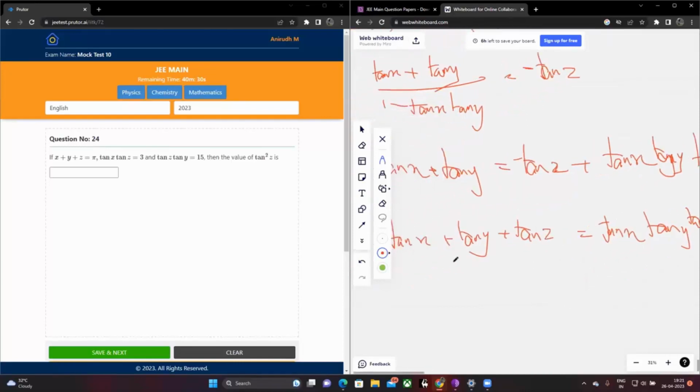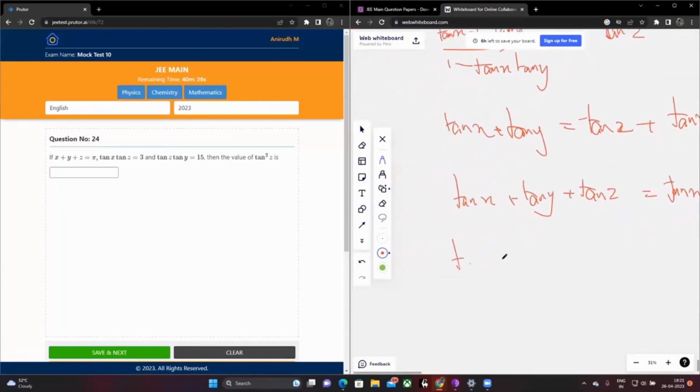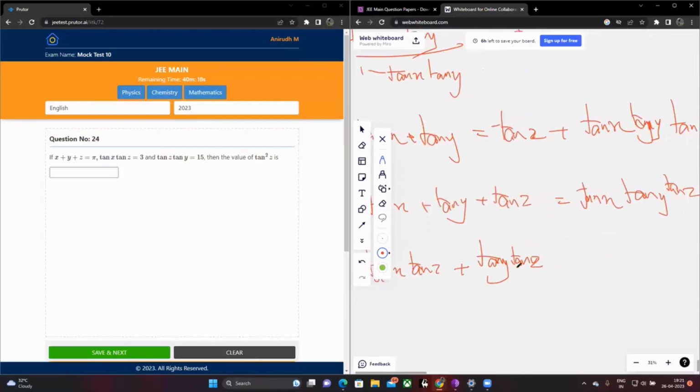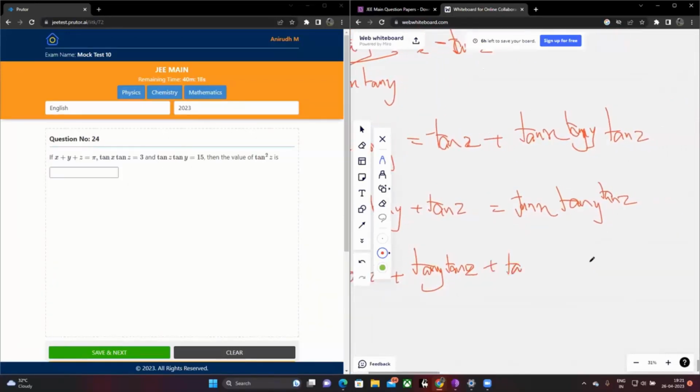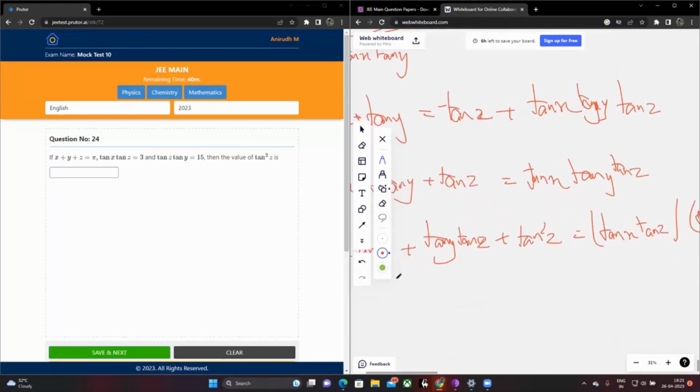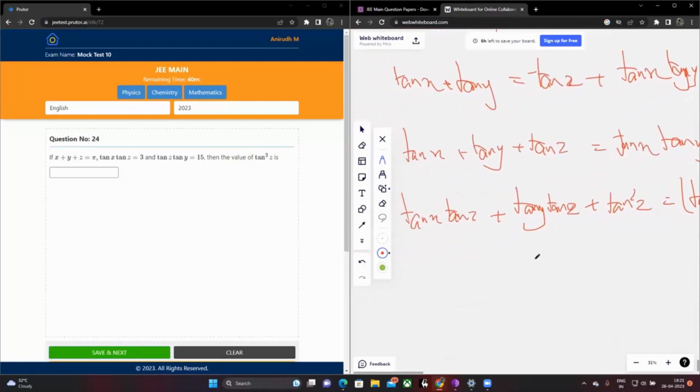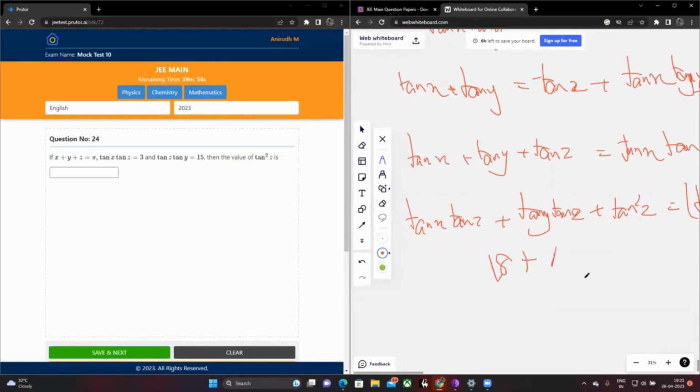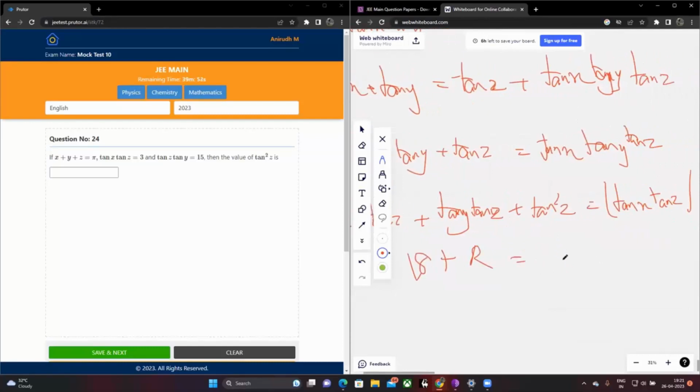Multiplying this whole thing by tan z, I can get tan x tan z plus tan y tan z plus tan z squared equals tan x tan z into tan y tan z. So basically, from the given question, you have 3 plus 15, this is 18, plus whatever is asked for R equals 3 into 15, right? So R is equal to 45 minus 18, that is 27.